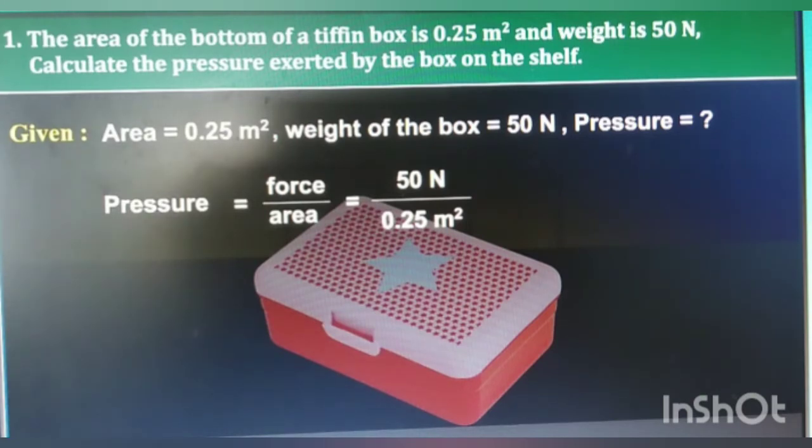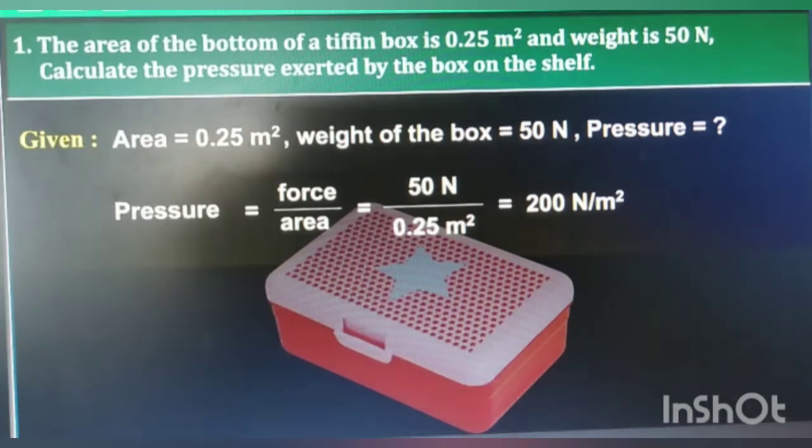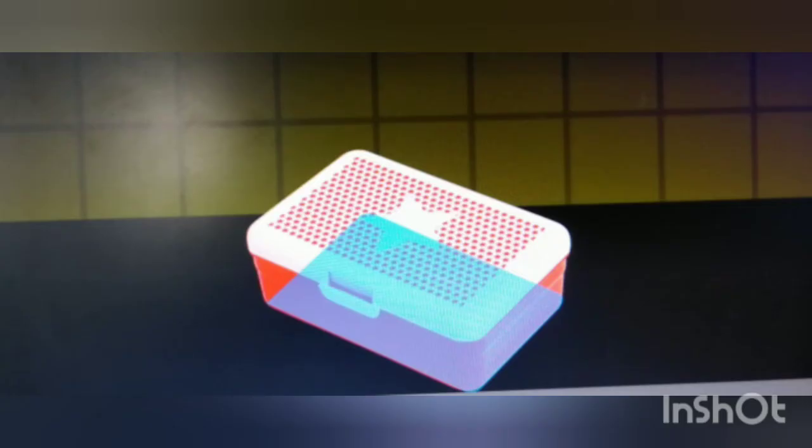Weight of the box is equal to 50 Newton. So what is the pressure? Pressure is equal to force upon area. So substitute the values. 50 Newton upon 0.25 meters square is equal to 200 Newton per meter square. So the pressure exerted by the box is 200 Newton per meter square.